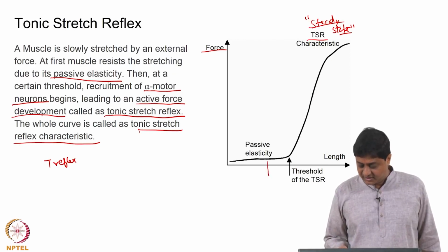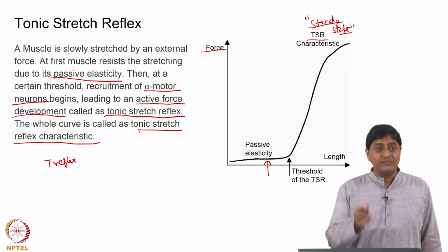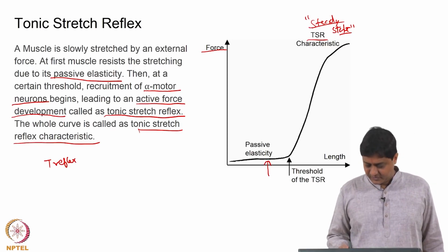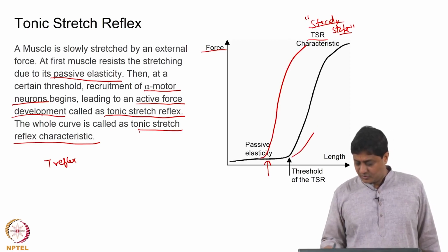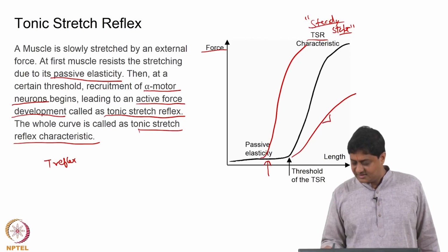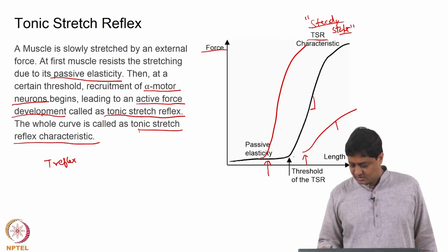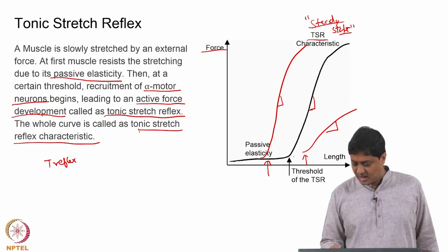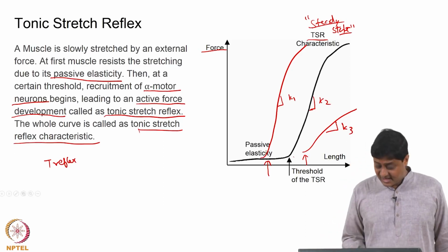If the threshold is here, for example, and the threshold can be at multiple lengths and can be modified, it could go like that or it could go like that. Now realize that this slope is different from this slope. Or if the threshold is here, it could go like that, with this slope. All these things give rise to different k's: k1, k2, k3. But not just that.